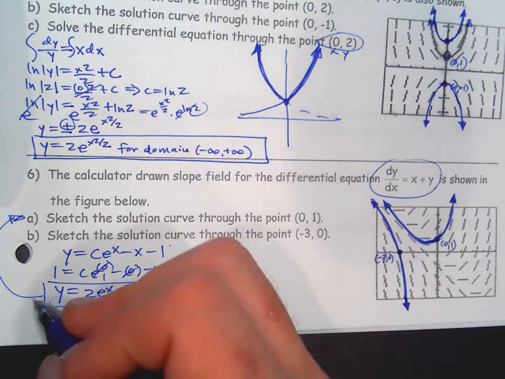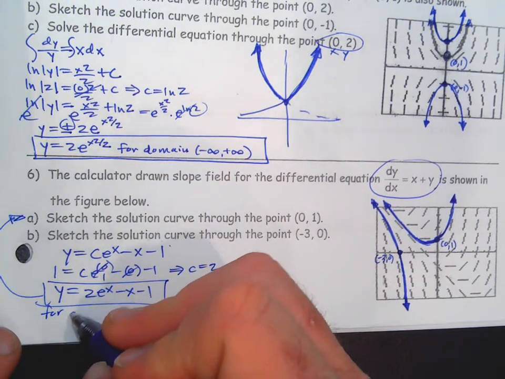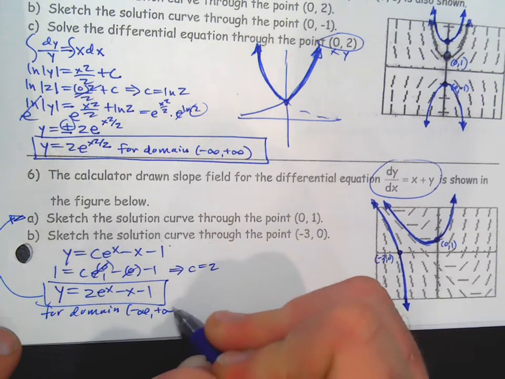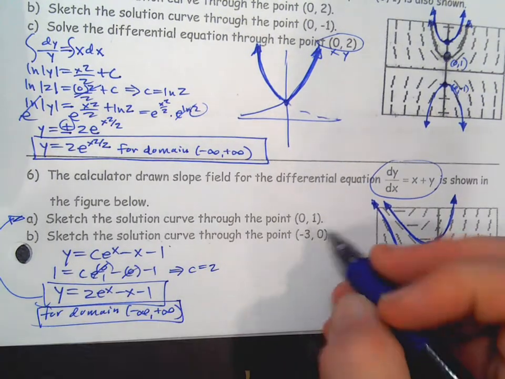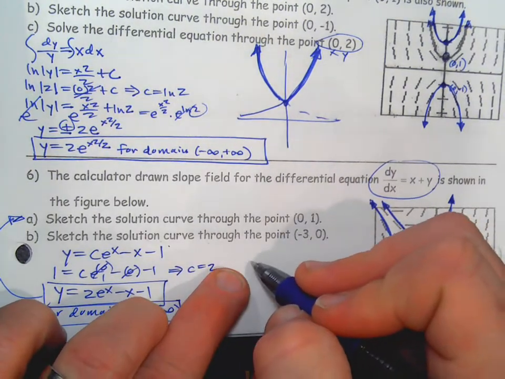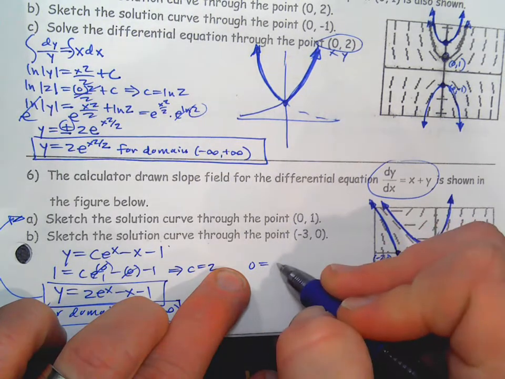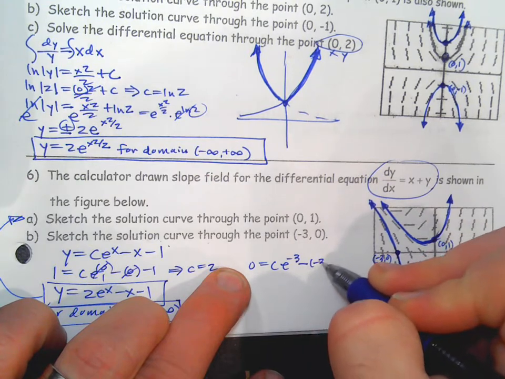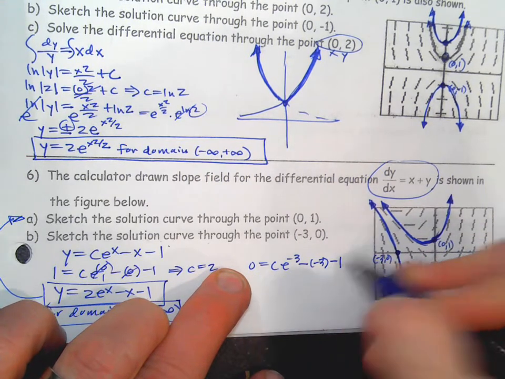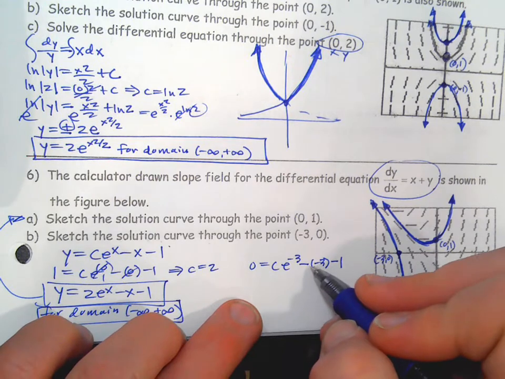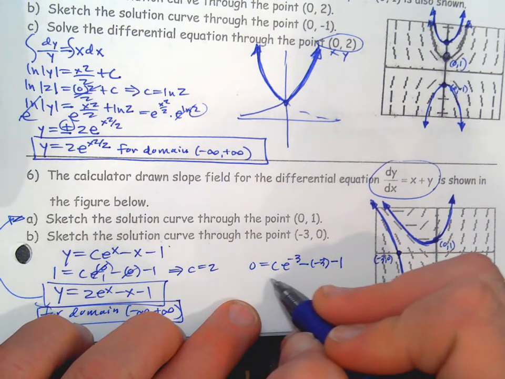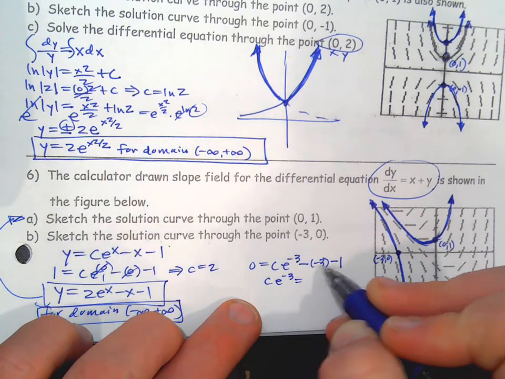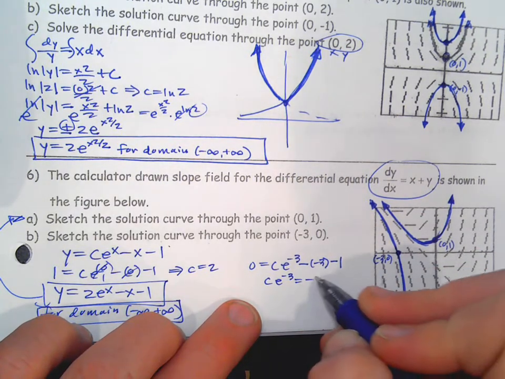Domain should be all reals. This one, you plug 0 in for y. So that's going to be positive 3. That's going to be c e to the negative 3 equals negative 2.